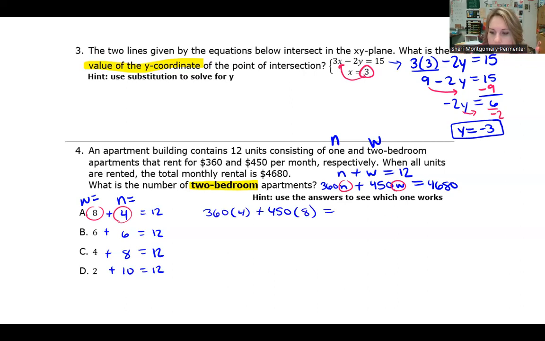And I'm trying to see, does that equal 4,680? So y'all type it in and tell me what you get. We want to see if it equals 4,680.